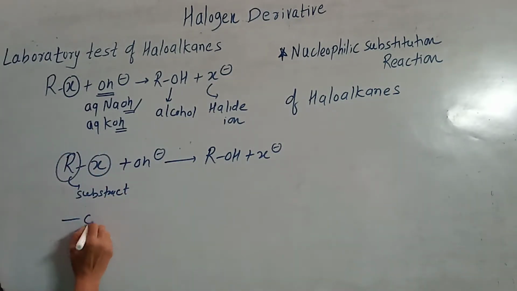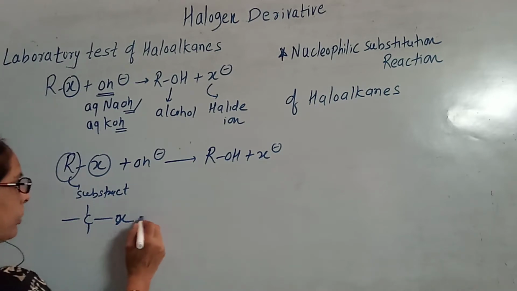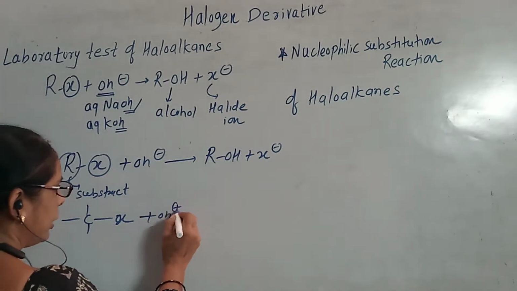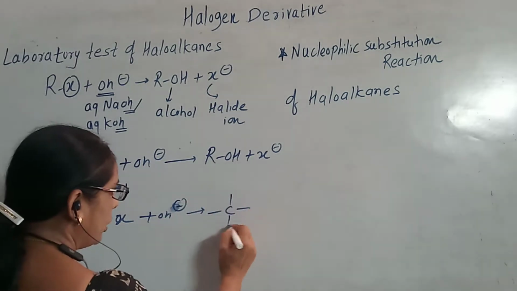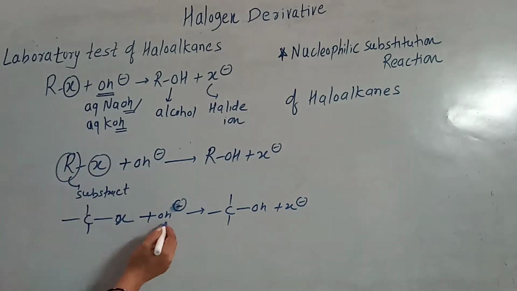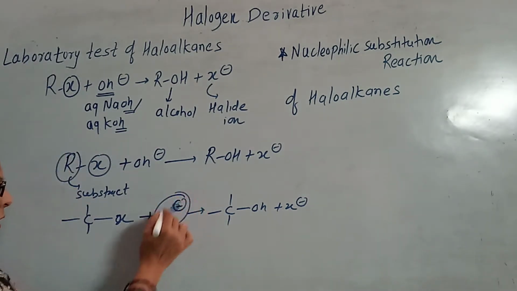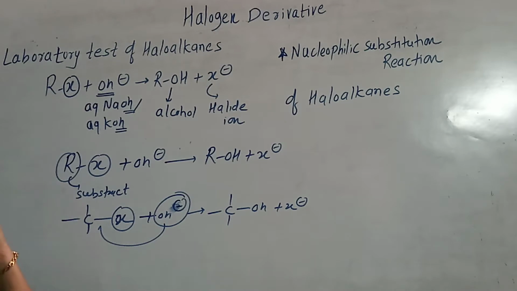Here the carbon atom hybridization is the same, because it is a single bond, and in the alcohol formed there is also a single bond. So whatever substitution occurs without changing the hybridization, that type of reaction is called a substitution reaction.